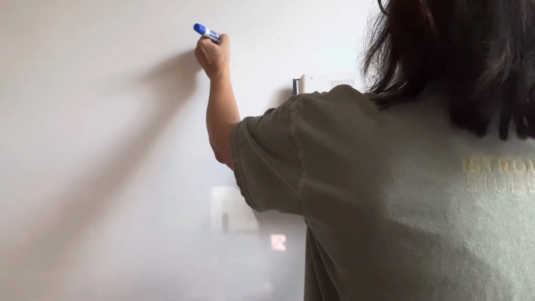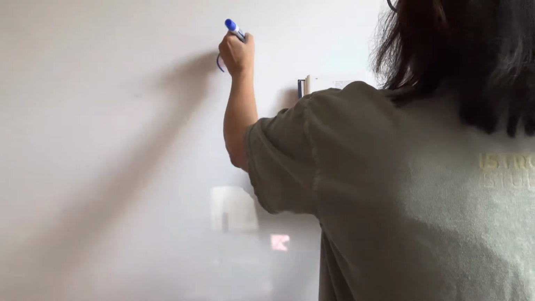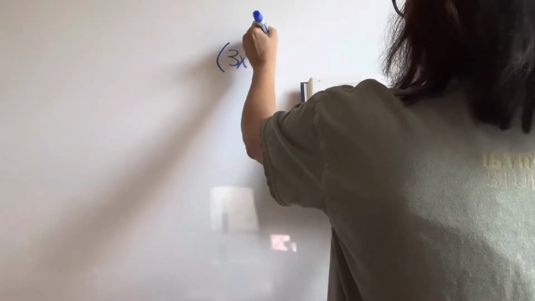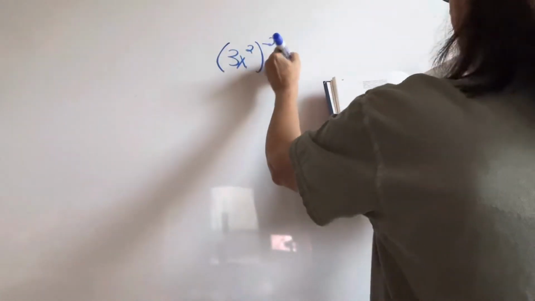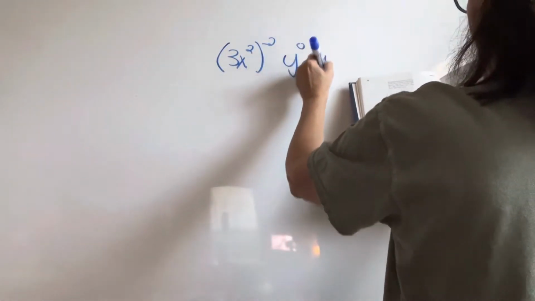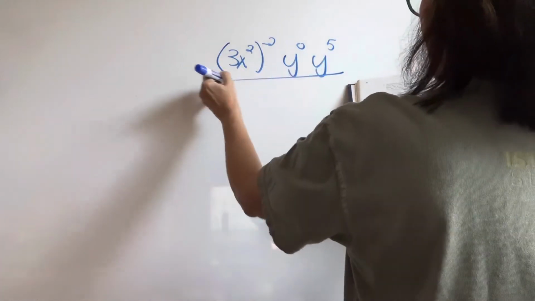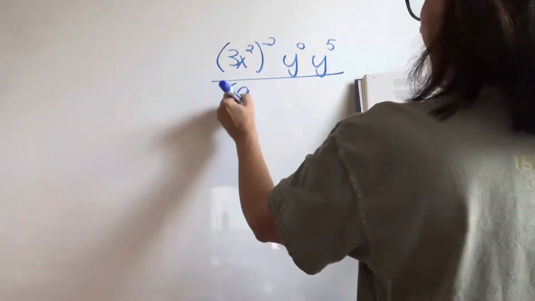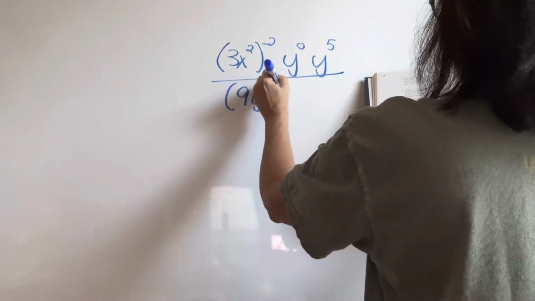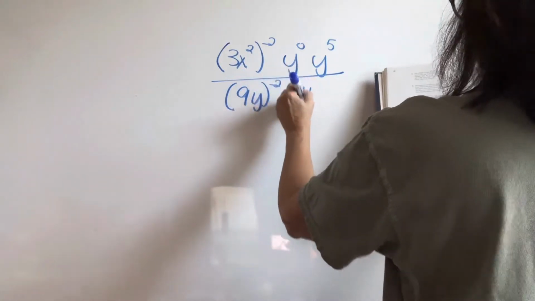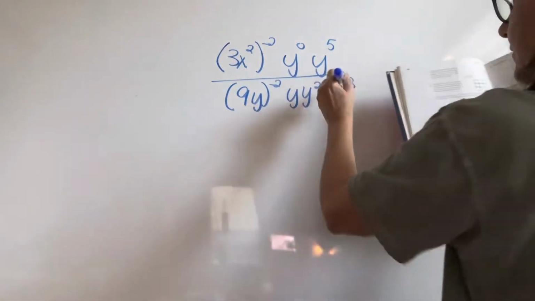Number 14 is 3x squared raised to the negative 2, y to the 0, y to the 5th, all over 9y to the negative 2, y squared, x to the negative 3.